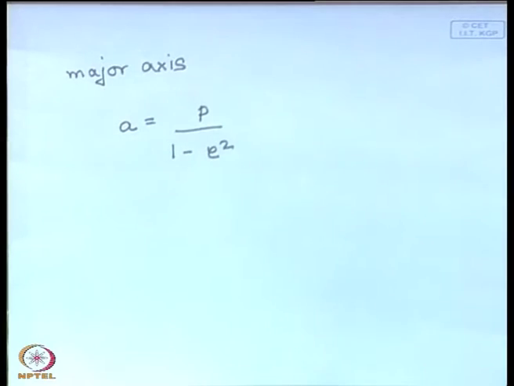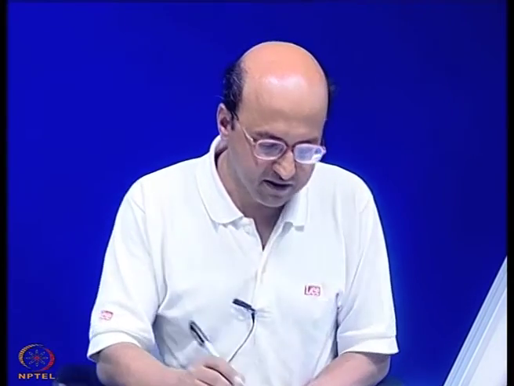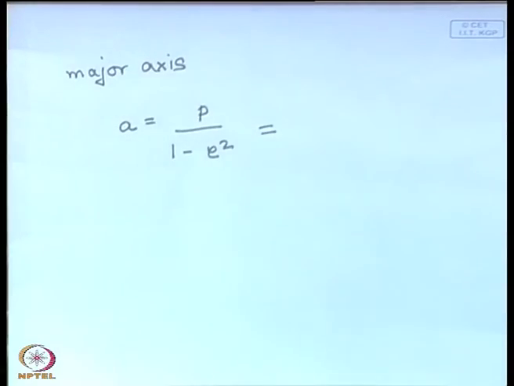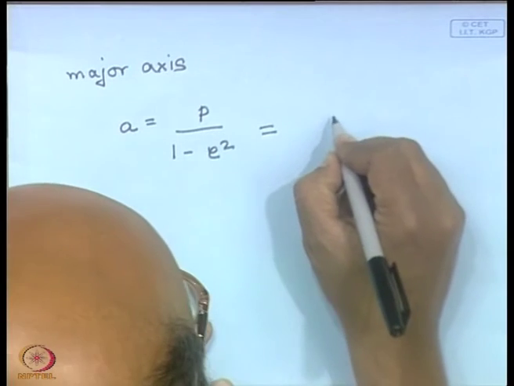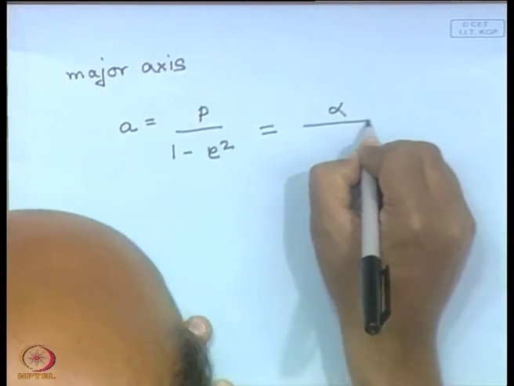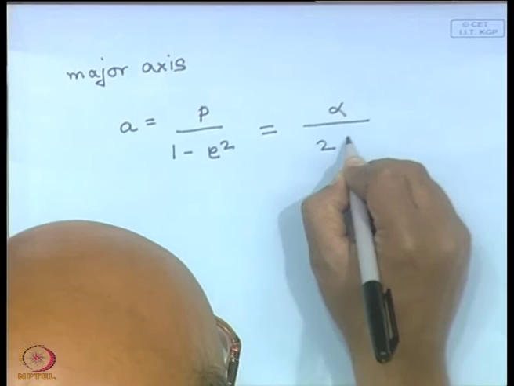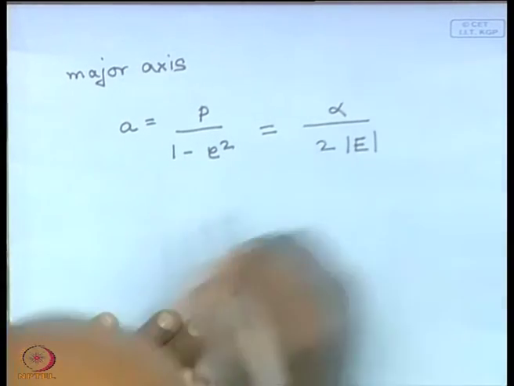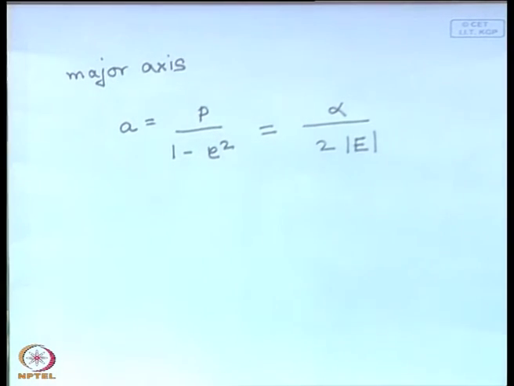You can just take the furthest distance and the nearest distance and add them up. So, you will get the major axis, and if you write p and e in terms of the energy, angular momentum, etc., then this comes out to be alpha by 2 mod E. Very interestingly, the major axis does not depend on the angular momentum, it is determined just by the energy.